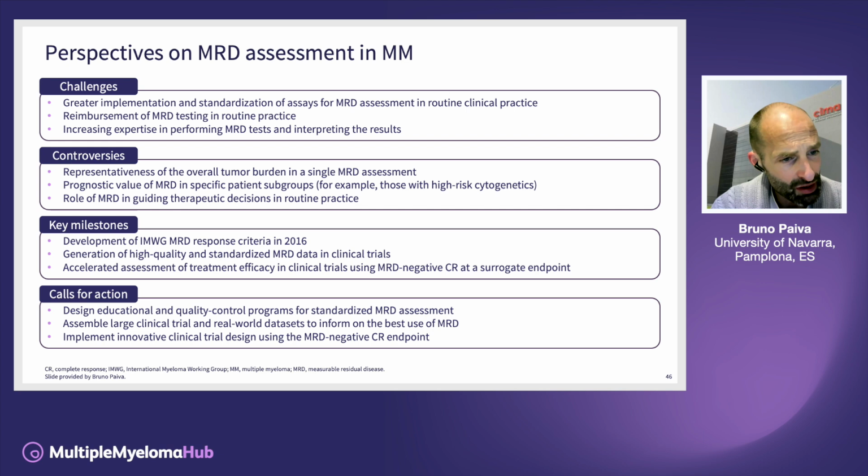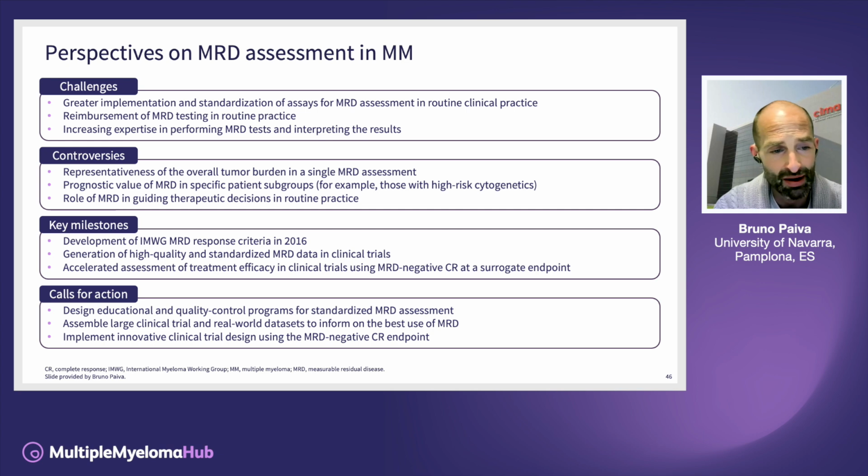There were some key milestones, for example, the development of the MRD response criteria by the IMWG back in 2016, which will probably be updated this year. The generation of high-quality and standardized MRD data in clinical trials after the development of the response criteria was paramount for the acceptance of MRD-negative CR as a surrogate endpoint for accelerated assessment of treatment efficacy.